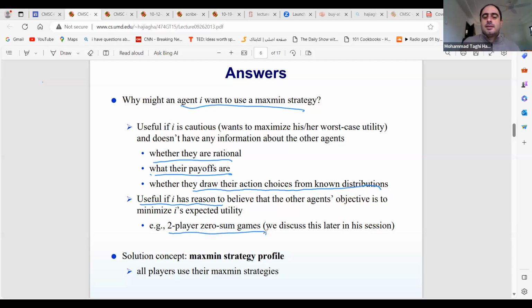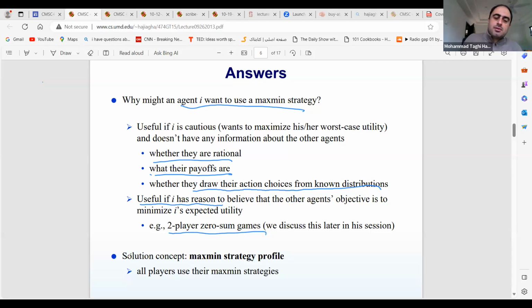In some sense, if the other agent tries to maximize his or her own utility, that would be equivalent to minimizing I's utility. So in that case, taking the Maximin is a good strategy.